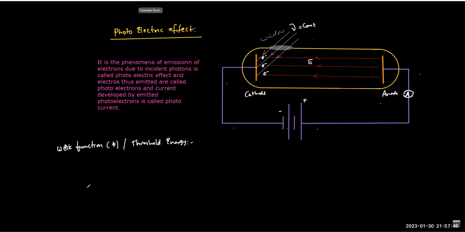So let's imagine we have some cathode plate. Let me draw this cathode plate. Now we have a cathode plate, and what is happening?